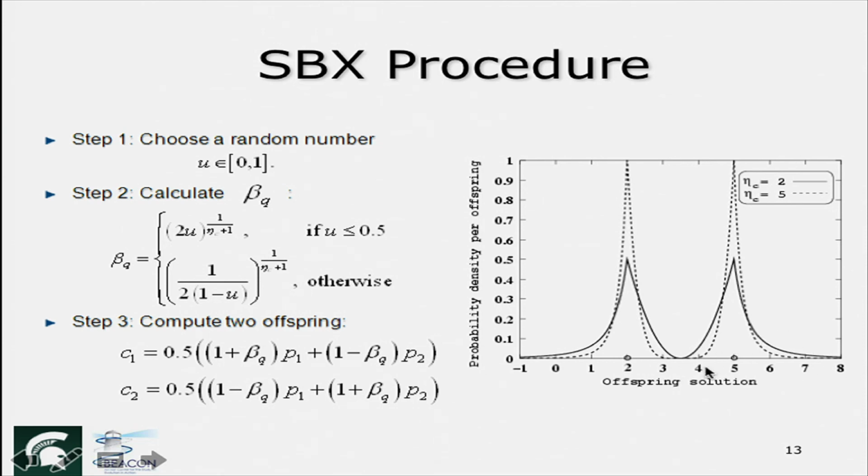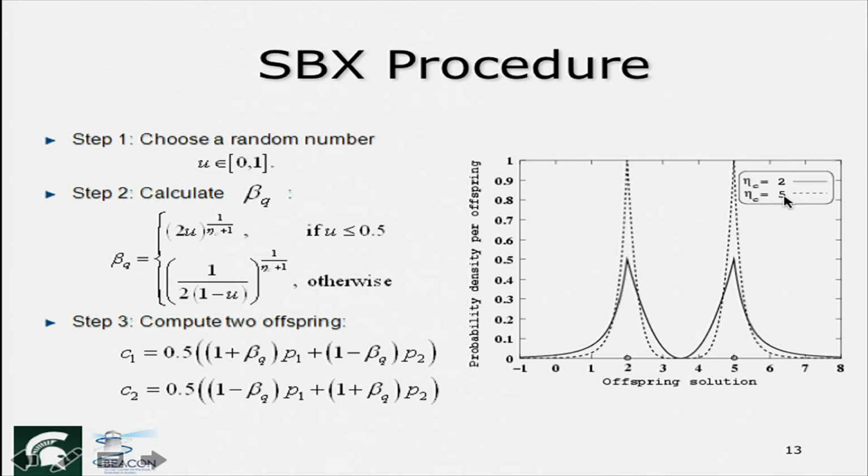Now this is with eta equal to 2. If you had chosen eta equal to 5, the distribution would have looked like the dashed line. Now you see, if you're thinking, okay, I've got two parents, 2 and 5. If I use 2 as eta c, what is the probability that 1 will be chosen as a child out of crossing 2 and 5? There is a finite probability, and you can see there is a good probability, right? About 0.1, slightly less than 0.1.